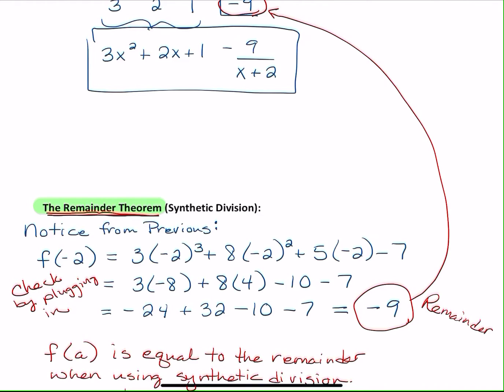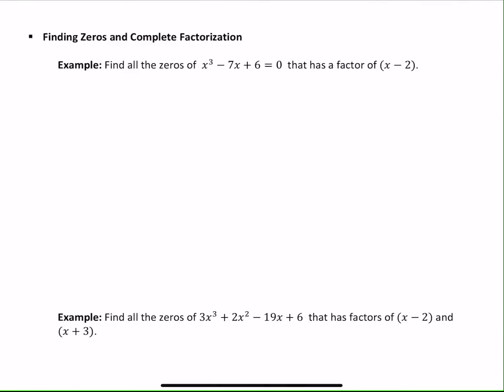You will not get credit for your answer if you just plug it right in for x. I know you know how to do that. I want to see that you know what the remainder theorem says, and that's that the remainder is equal to f of whatever you're dividing by. So just remember that. You'll have that on your homework and on a quiz and on your test. I have to see the synthetic division for you to receive credit.